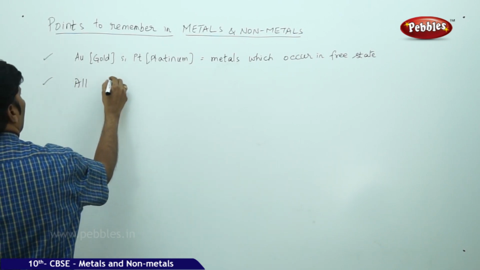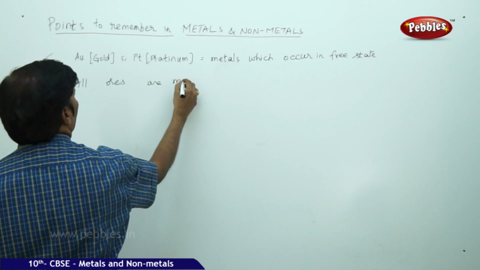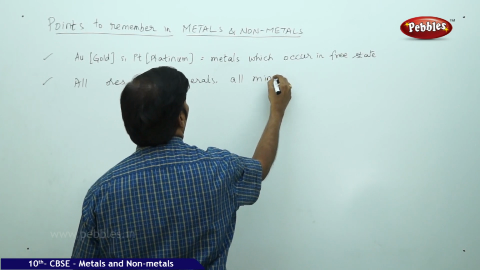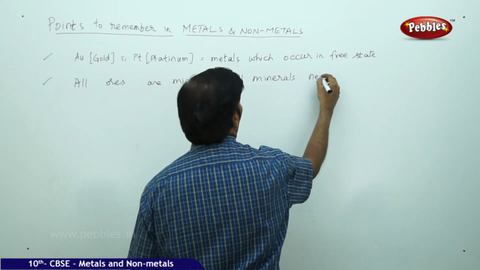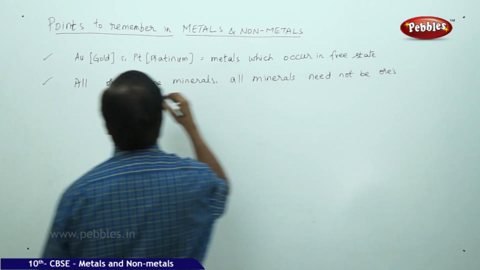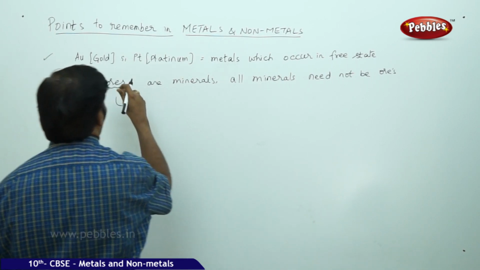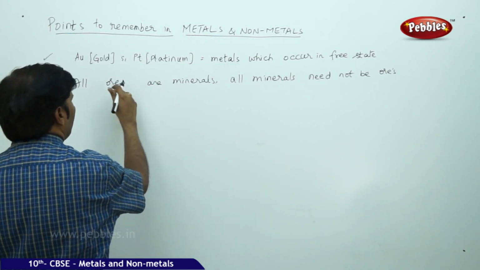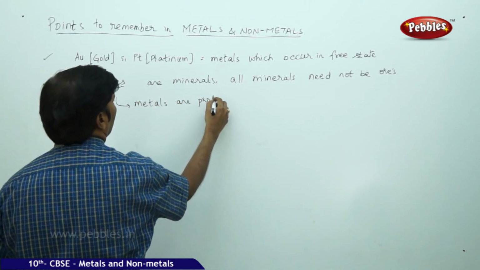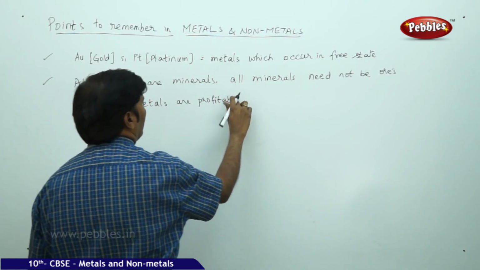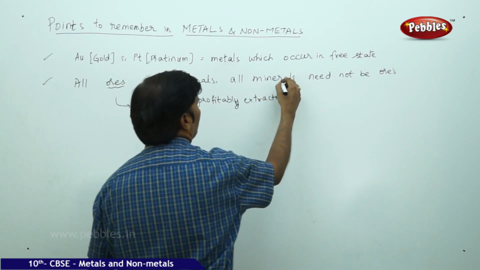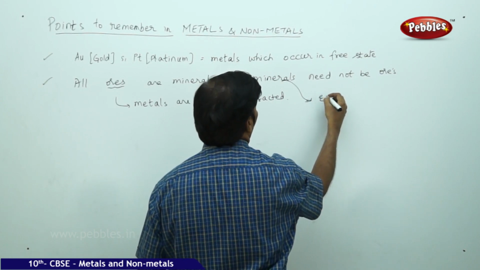All ores are minerals, but all minerals need not be ores. Actually, you all know that an ore is a compound from where the metals are profitably extracted, but sometimes from the minerals you cannot extract.